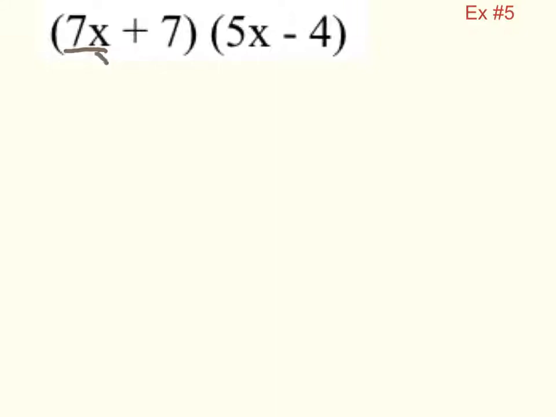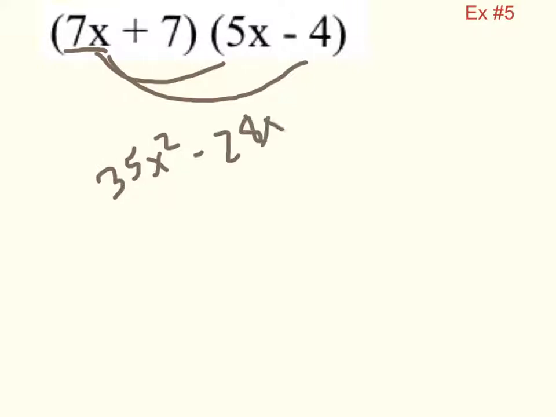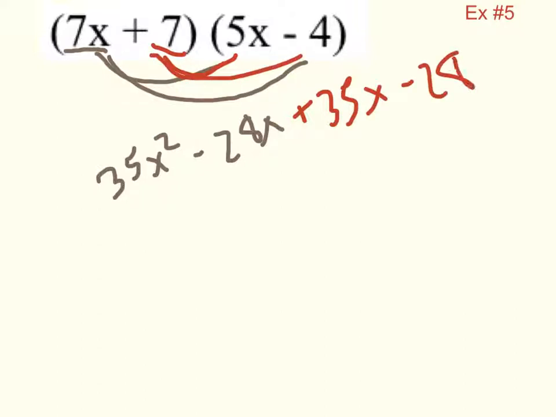I'll take this 7x and distribute it into both pieces. So 7 times 5 is 35, x squared, x times x. And 7x times negative 4 is negative 28x. And then I'll take the 7 and distribute it into both parts. 7 times 5 is 35, and 7 times negative 4 is negative 28.